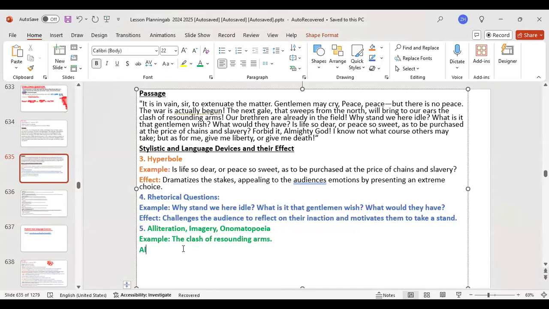Can I ask a question? Go ahead. When he says "give me liberty or give me death," would that be, what was the first one you had? Alliteration, imagery, repetition. When he says, "as for me, give me liberty or give me death," would that be repetition?